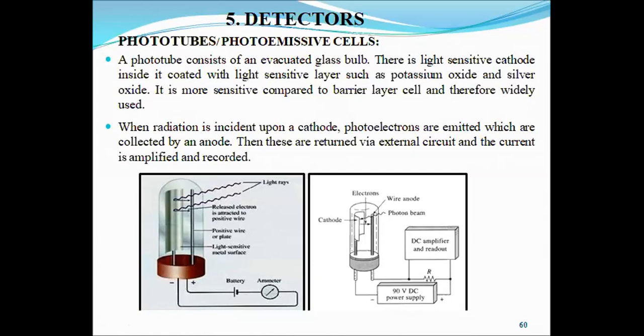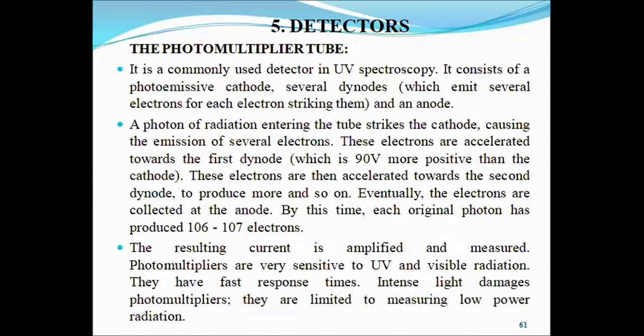When the radiation is incident upon the cathode, photoelectrons are emitted, which are collected by the anode. These are retained by the external circuit, and the current which is produced is amplified as well as recorded. This is how the phototube works.